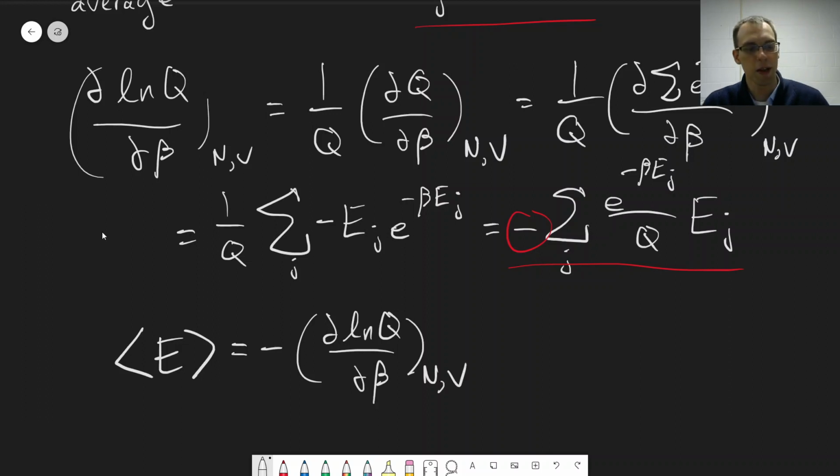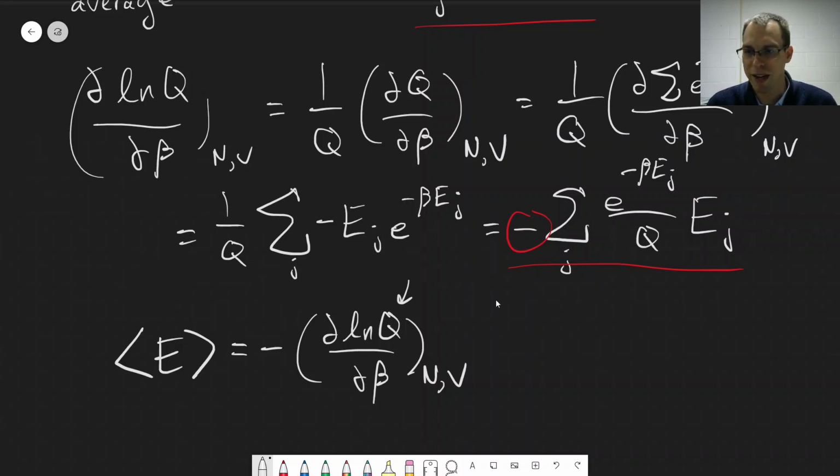What that means is if we can find an expression for Q, if we know Q, we can find the average energy of our system. So here's a concrete way that if we understand the microscopic properties of the system to be able to calculate Q, then we can find the average energy of a macroscopic system with an arbitrary number of particles.